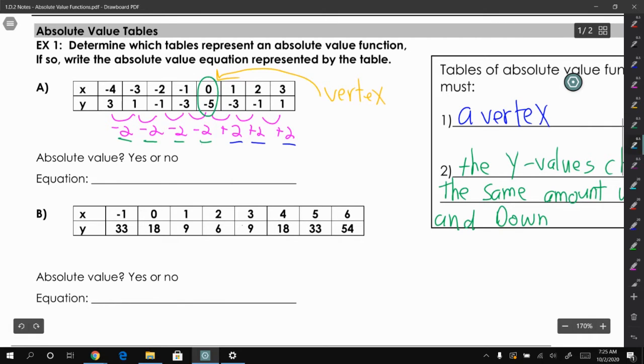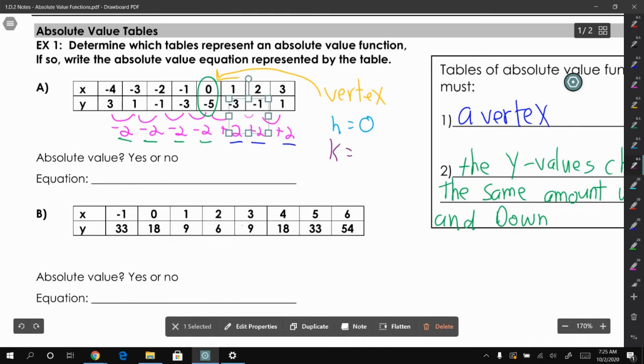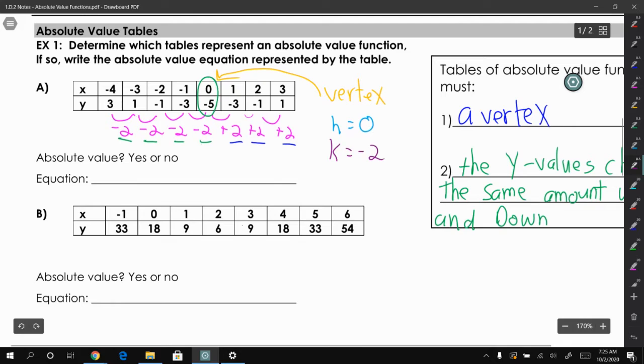That makes my h value 0, my k value -5, and my a value is going to be +2, because at the end of the table I'm going up by 2.